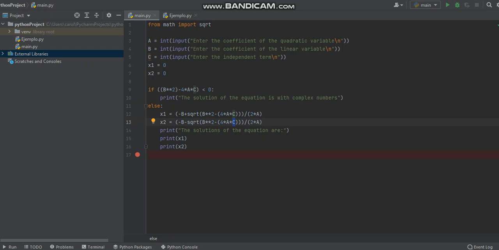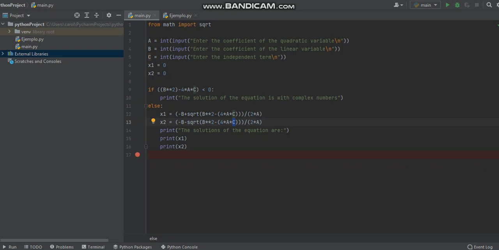Yes, remember that the difference is that here it adds and here it subtracts. And here to show me the solutions of the equation, I print the result of x1 and here the result of x2.